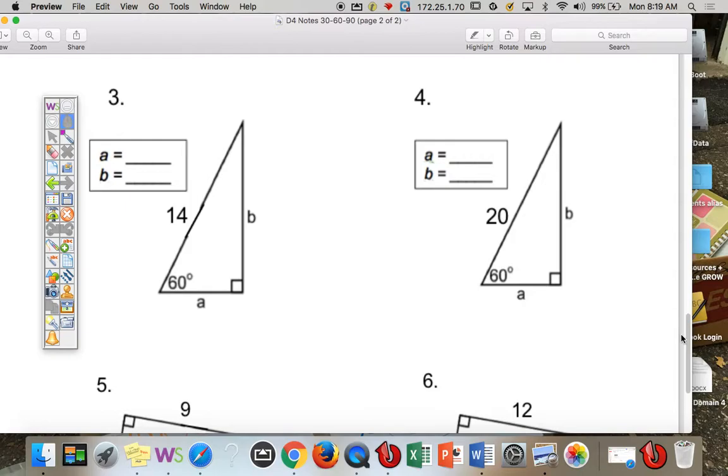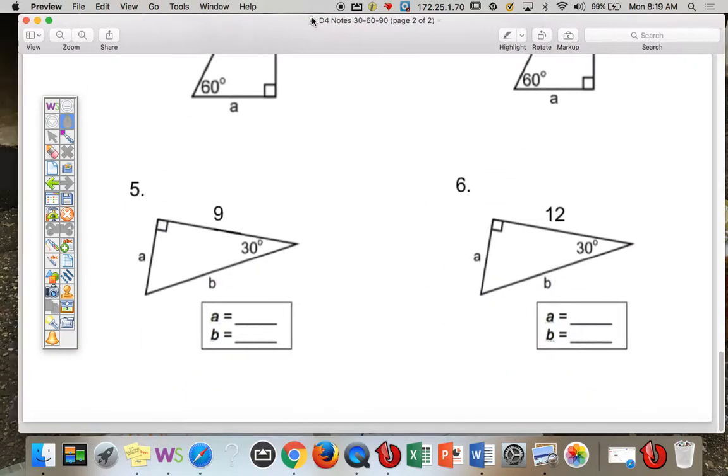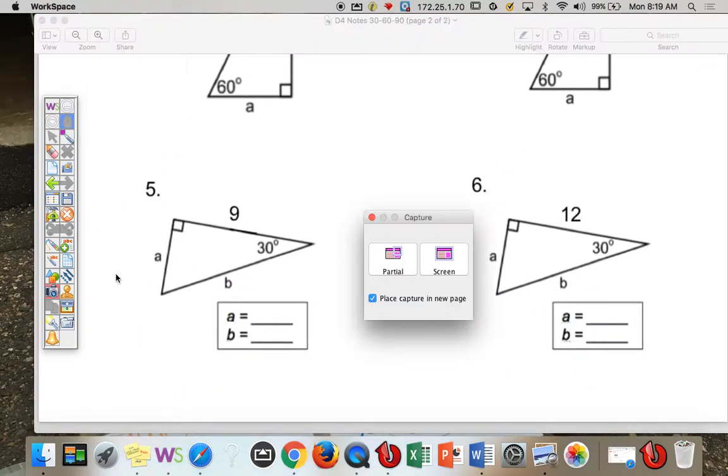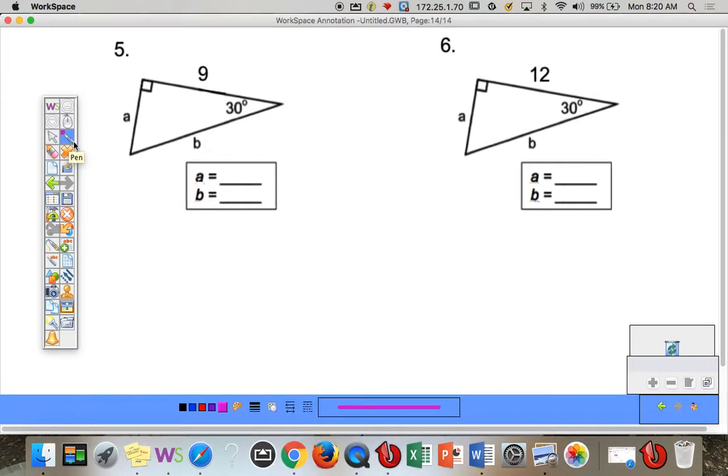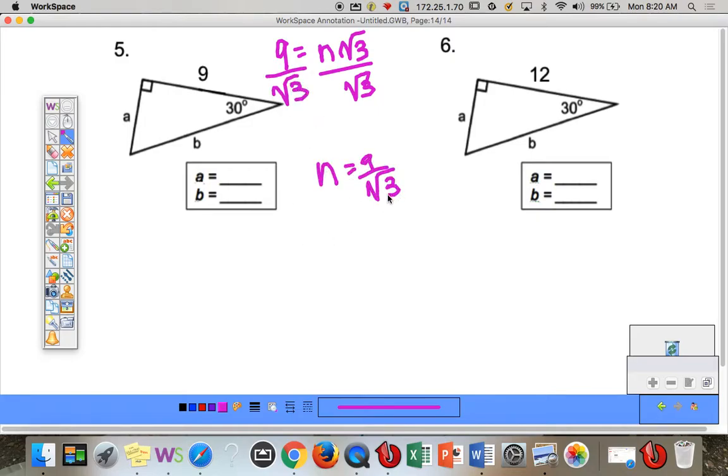And the last type of problem, what if they give us a side between the 30 and the 90? Let's just take a screenshot of this. Okay, so right here between the 30 and the 90, 9 equals n square root of 3. So let's just divide by square root of 3 here. So n equals 9 over square root of 3. Figure out where that goes. That goes between the 60 and the 90. So this side's 9 over square root of 3.